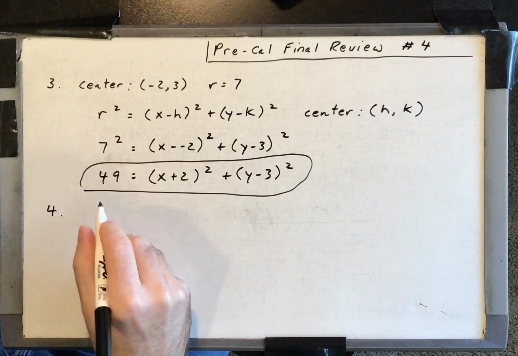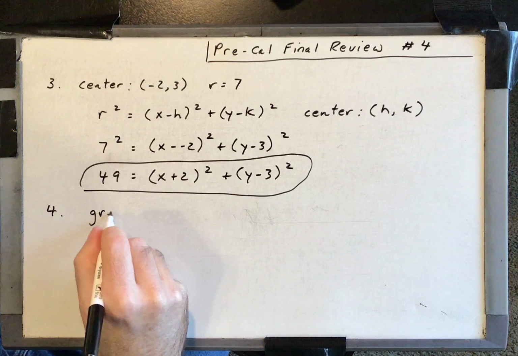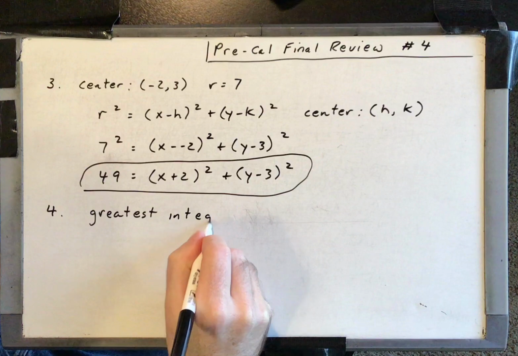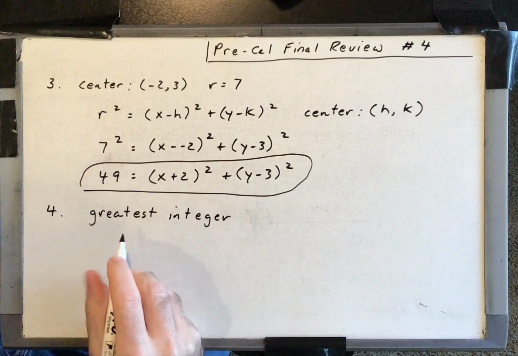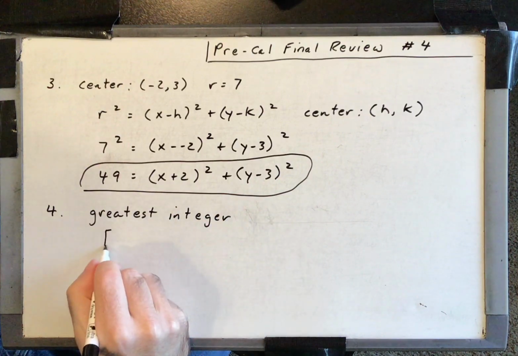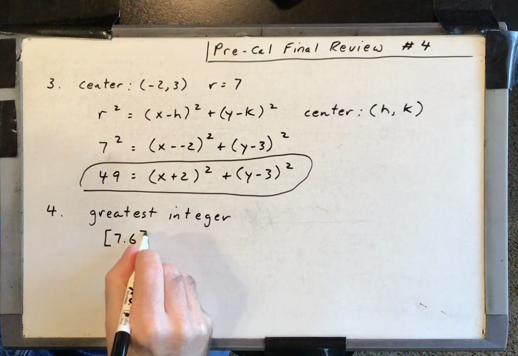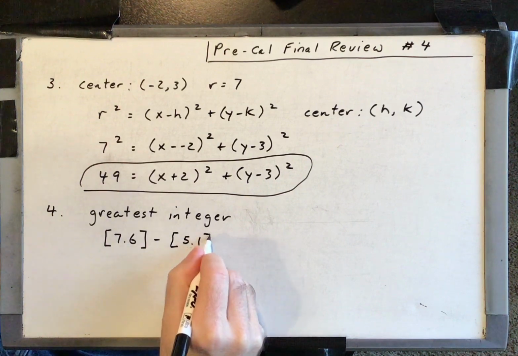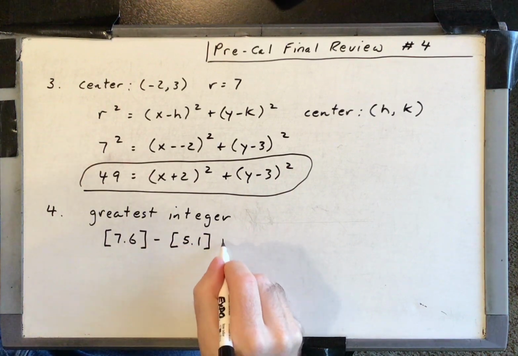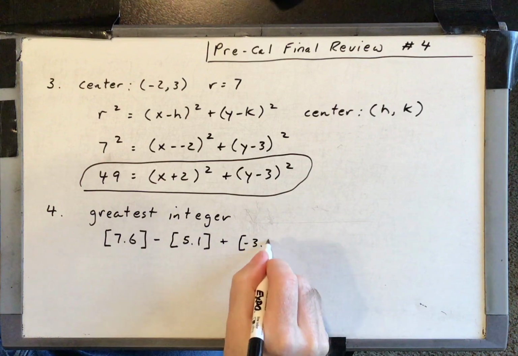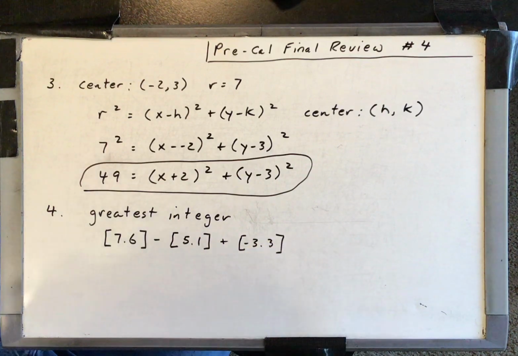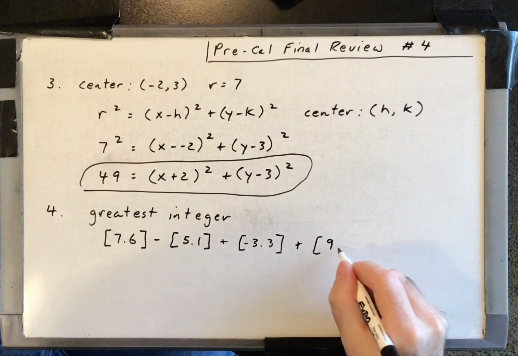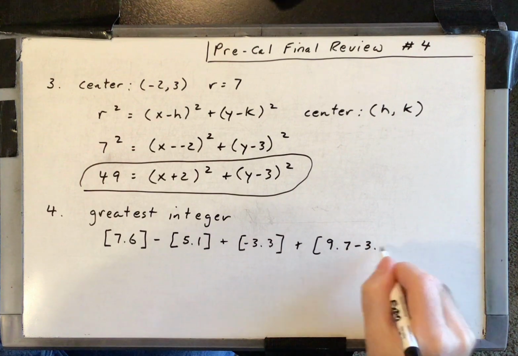Number 4 is a greatest integer. The problem asks us to take the greatest integer of 7.6 minus the greatest integer of 5.1, plus the greatest integer of -3.3, and then plus the greatest integer of 9.7 minus 3.5.